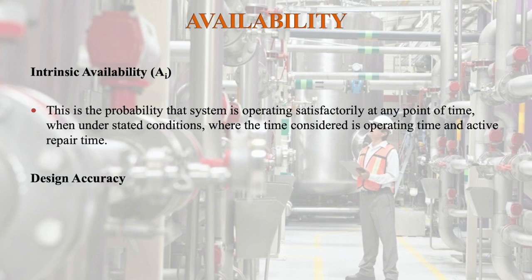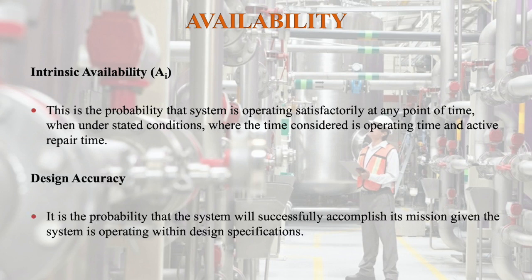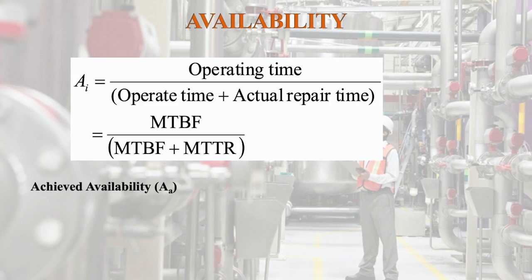It is the probability that the system will successfully accomplish its mission given the system is operating within design specifications. That is A_I equal to operating time divided by operating time plus active repair time, or also shown as MTBF by MTBF plus MTTR.